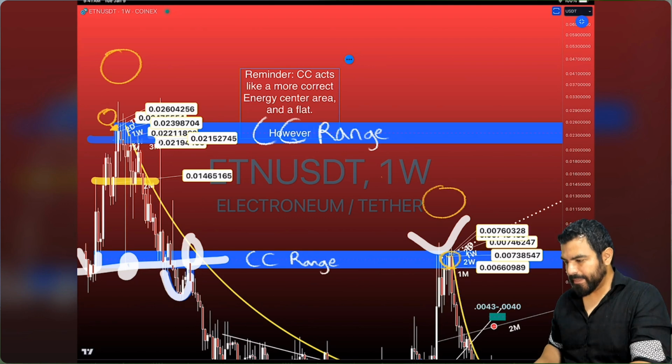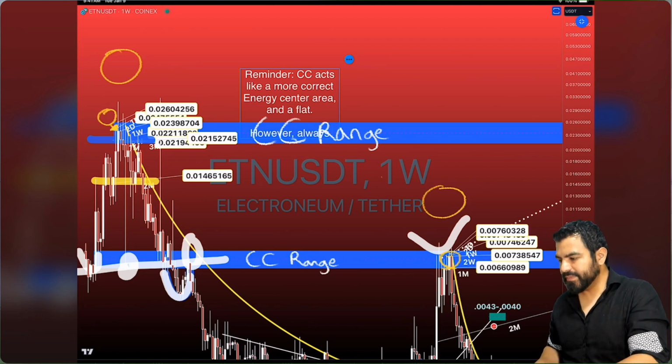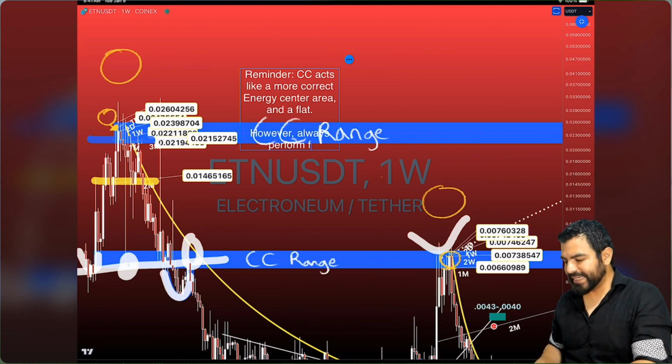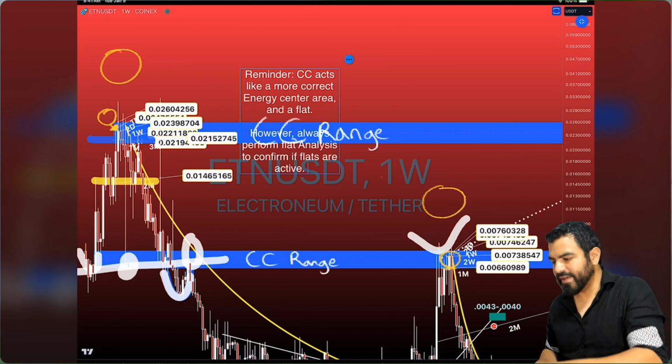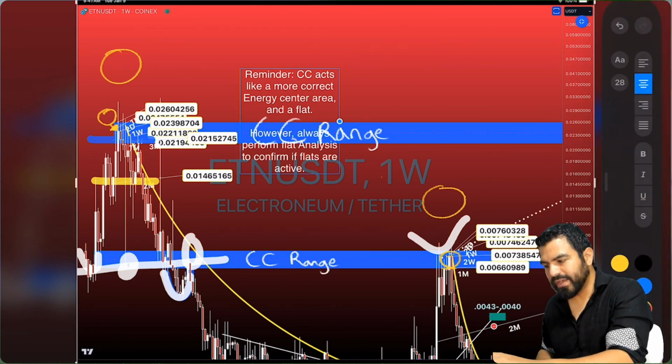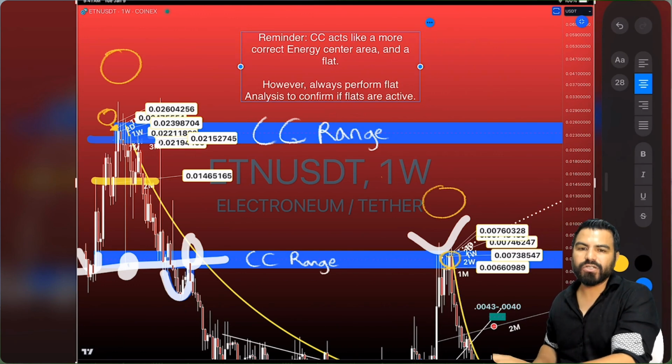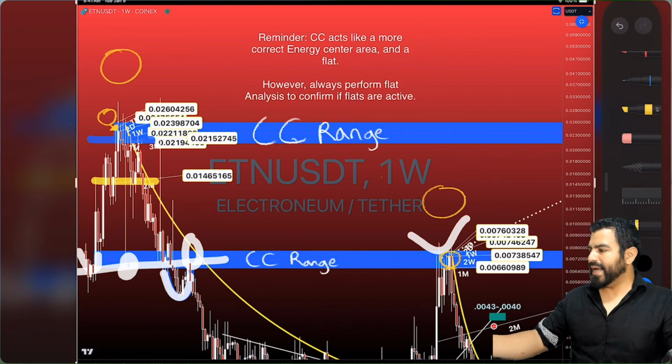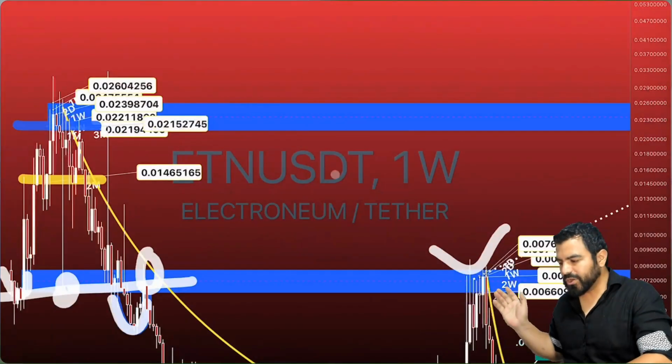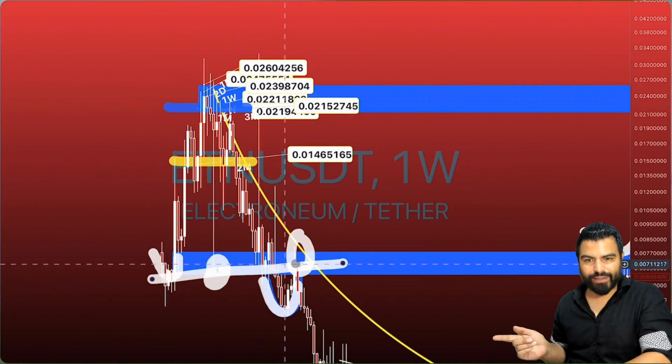However, always perform flat analysis, and that's why it's included in this unit, to confirm if flats are active. Okay, if you don't have anything, that's not saying it won't work, but it's more likely it's going to work when you have observed flats already working, like in this case.